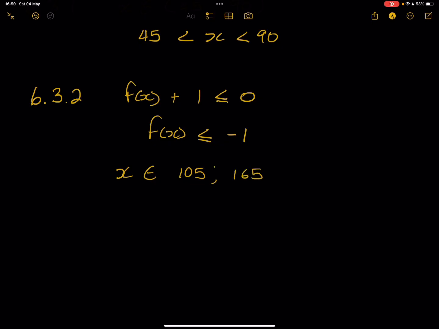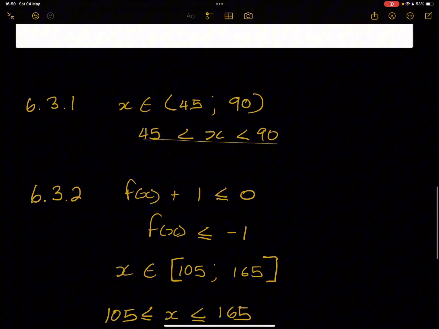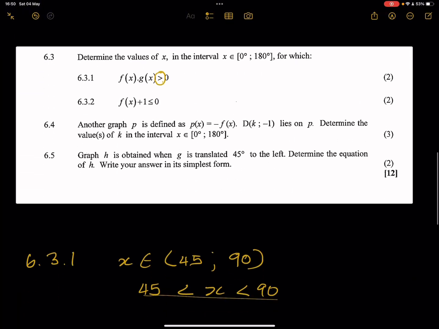Please note we're going to include those values, and otherwise we can say 105 is less than or equal to x, which is less than or equal to 165. Ladies and gents, I hope that makes sense. Let's go to the next question.